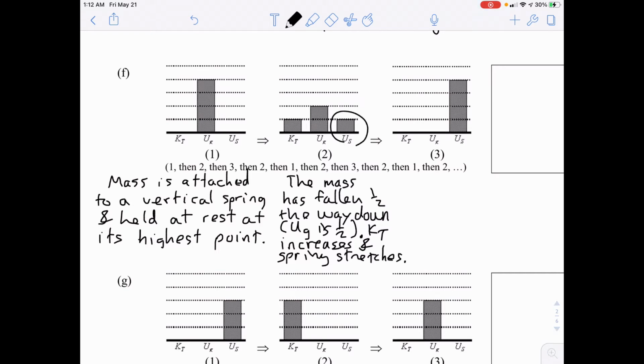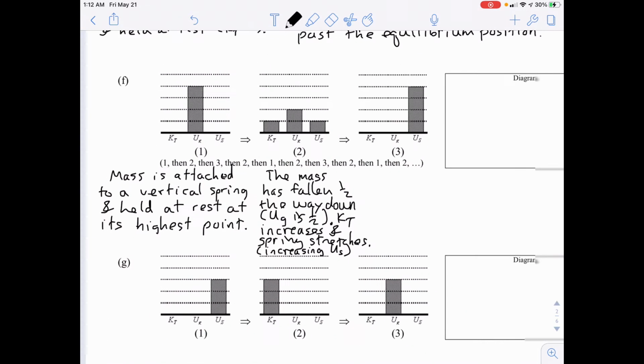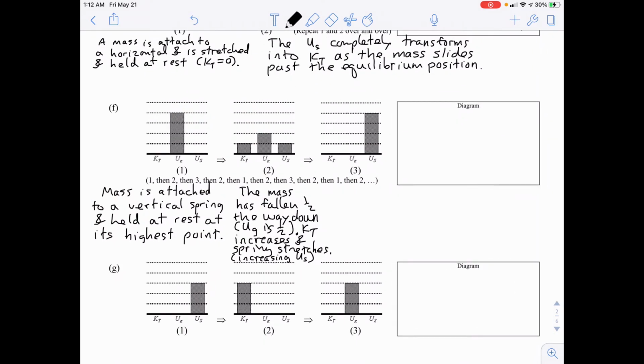We know this because of your increase in spring potential energy. Then finally, the object comes to rest.